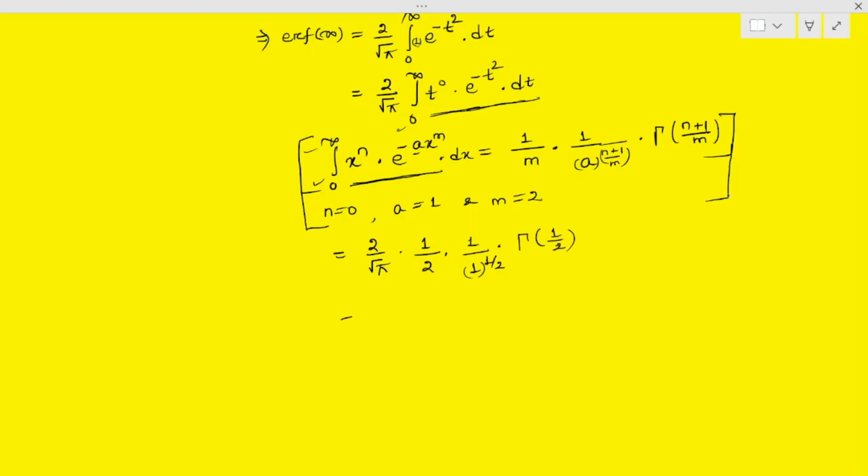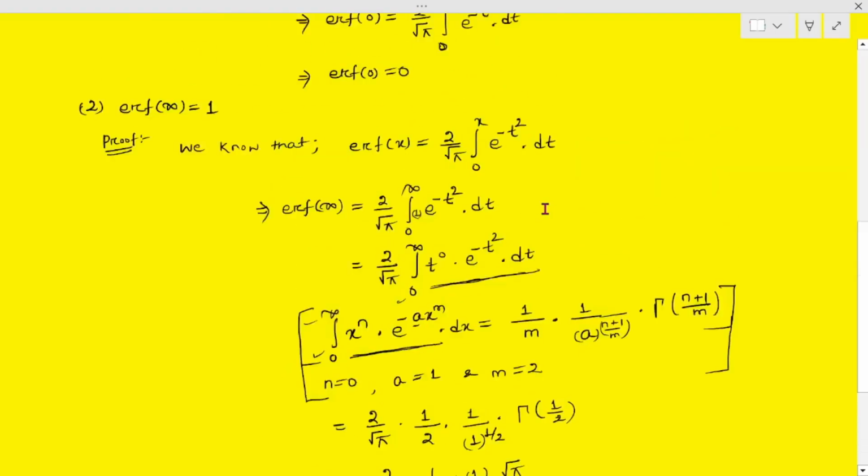So we have 2 by root pi into 1 by 2. 1 to the power anything is 1, and gamma of half we know is root pi. Finally the 2 is cancelled and root pi is cancelled. That implies the error function of infinity equals 1. Hence it is proved.